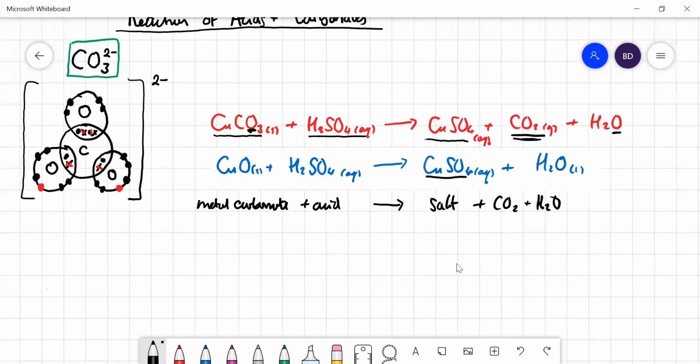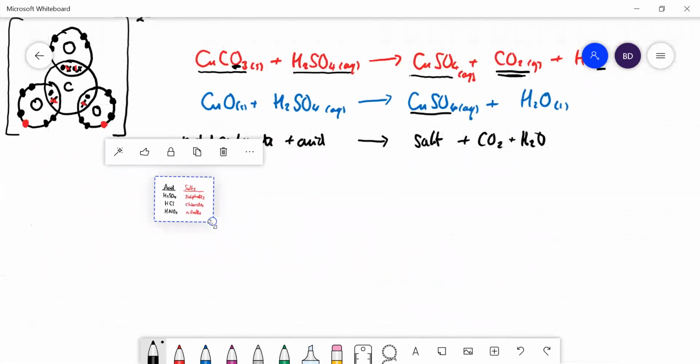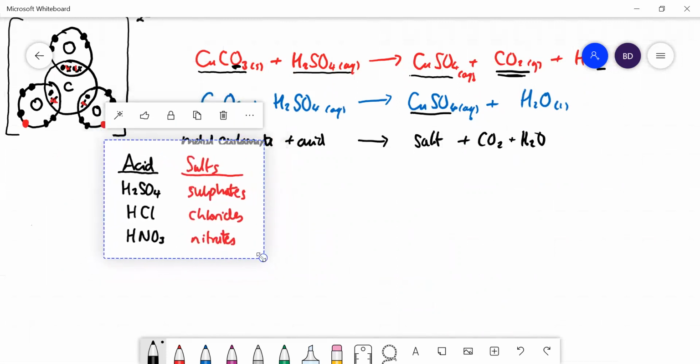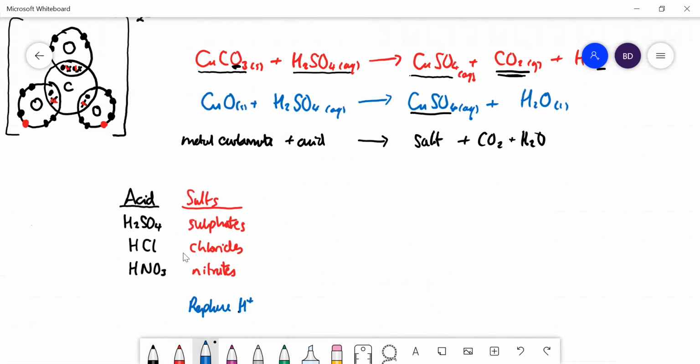But just to remind you what a salt is: you can think of it as what you get when you replace the H+ in an acid with metal ions. So the name of the salts that sulfuric acid forms are the sulfates.